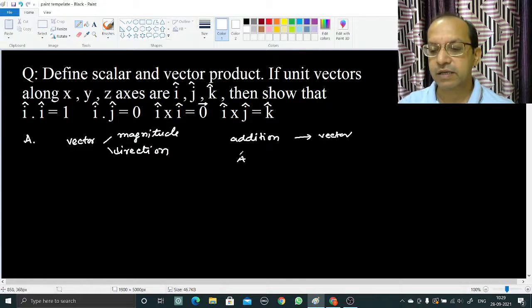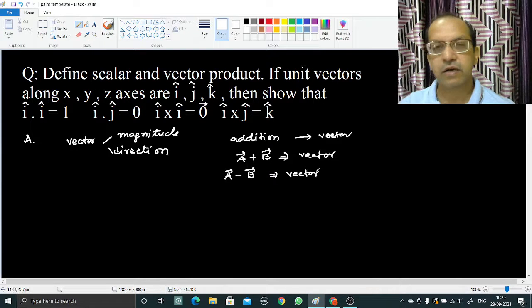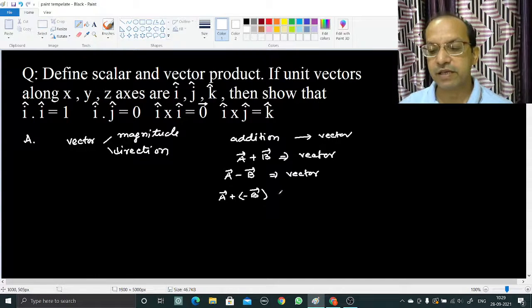It means vector A plus vector B will be a vector quantity. Also in subtraction, vector A minus vector B will also be a vector quantity. However, there is no subtraction in vector. It is actually addition. You can say A vector plus the negative B vector, that means we are adding A vector with the negative B vector, and that will give another vector.